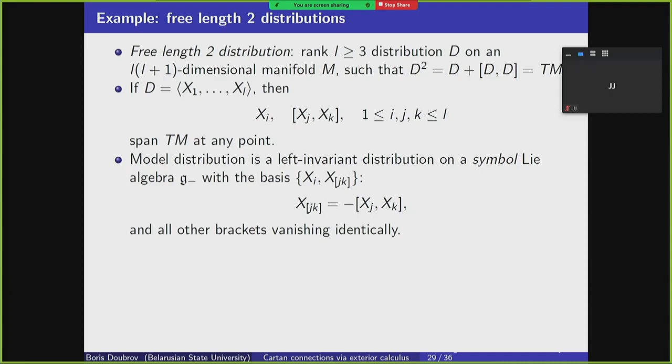Then we will have a Lie algebra. So this xi and xjk will form a basis of a nilpotent Lie algebra, actually a length 2 Lie algebra. And what will be the model distribution? Well, we just take the left invariant distribution on the Lie group that corresponds to this Lie algebra.